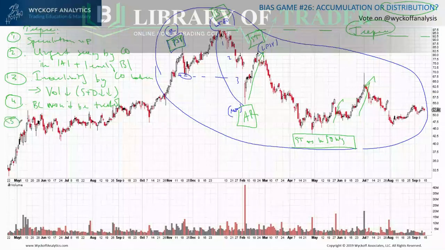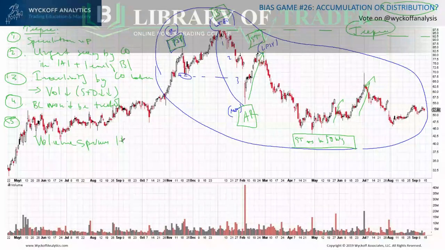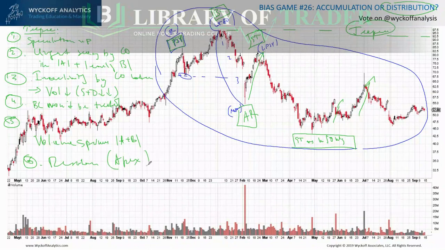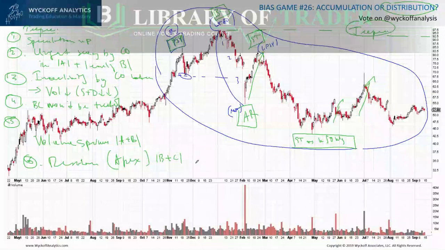Also, the majority of the volume signature is going to be in phase A and phase B. The resolution of the apex formation, which basically forms in phase B to C, is going to be an increase in volume signature and also a breakdown.